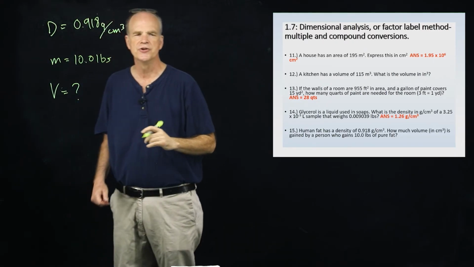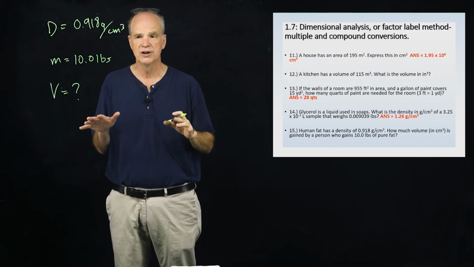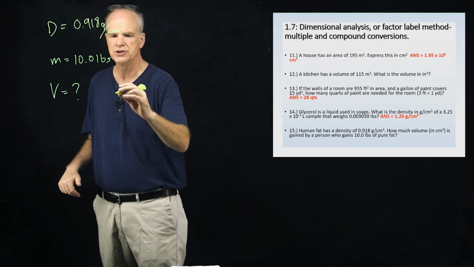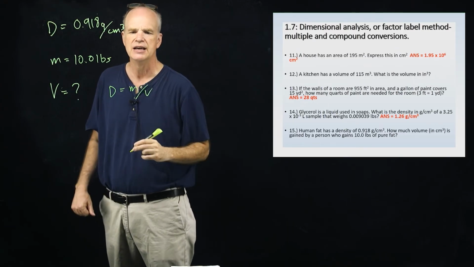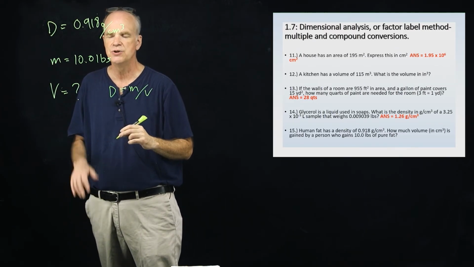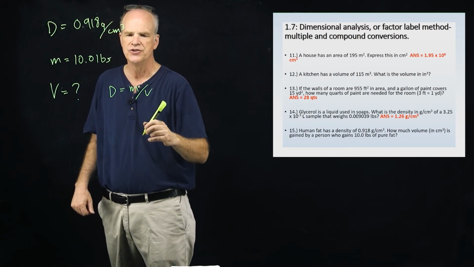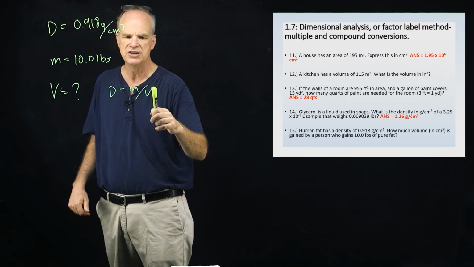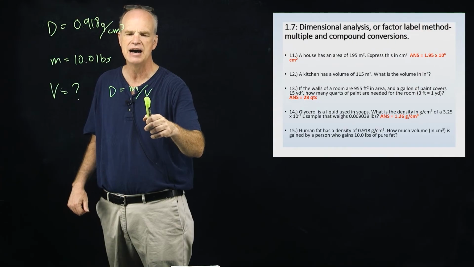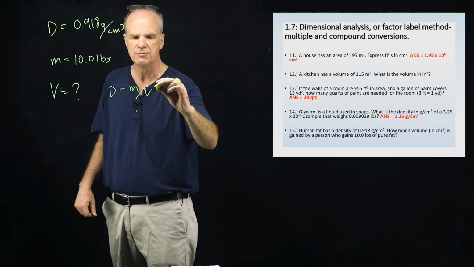There are really a couple of ways you can solve the problem. One way that will work, and which you're welcome to do, is to throw it into the formula D equals m over v, and then solve for v. Let me remind you how you would go about doing that. We have to get v alone on one side of the equation. Right now v is in the denominator, so I'm going to multiply both sides of this equation by v.